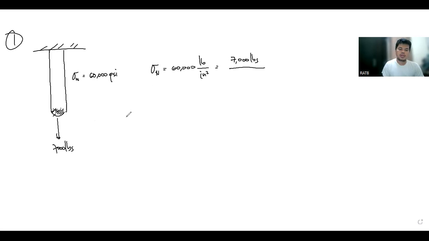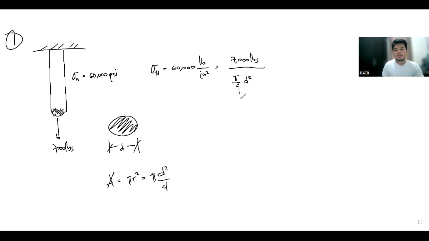For the area of a circle, as we all know, with a given diameter d, that's equivalent to pi r squared, or in terms of diameter, pi d squared over 4. So we can have pi over 4 multiplied with d squared, which of course will have a unit in inch squared.